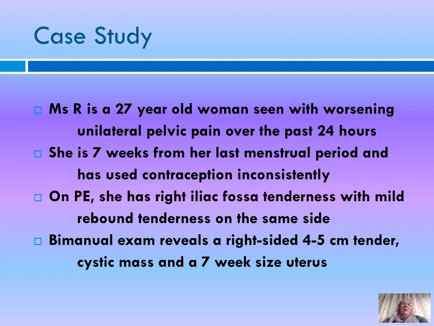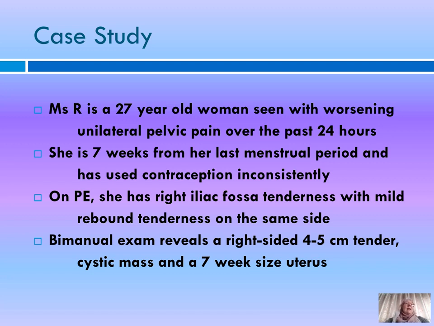So there's a large number of differential diagnoses for this patient, Mrs. R, and her presentation. And we want, first of all, to see what we can do to make her presentation a bit more specific.